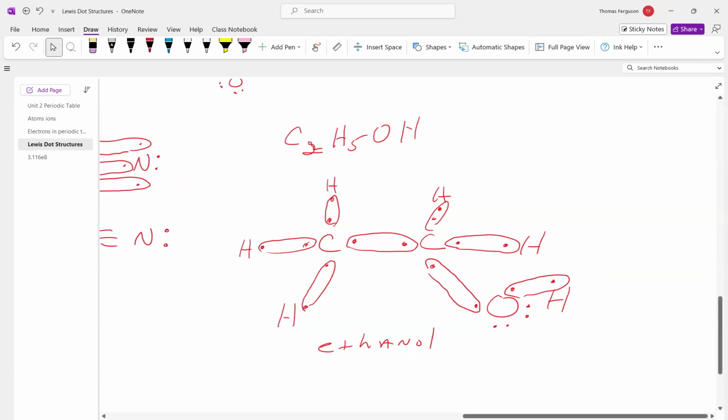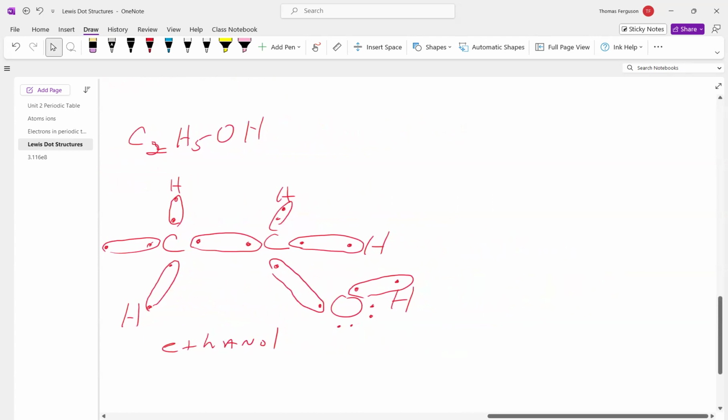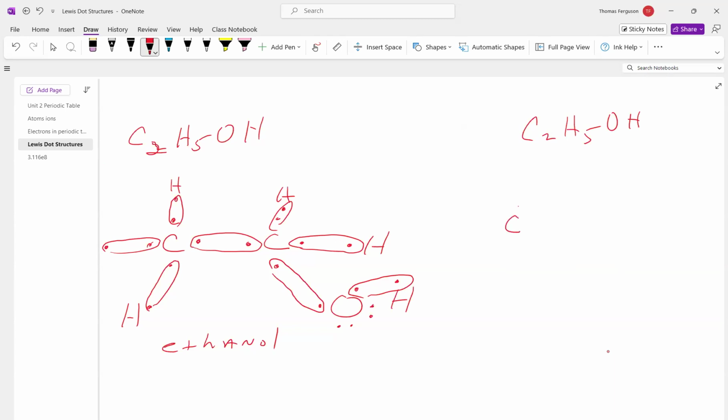Okay, so let's go over here. Instead of starting with carbons in the middle, let's put oxygen in the middle.